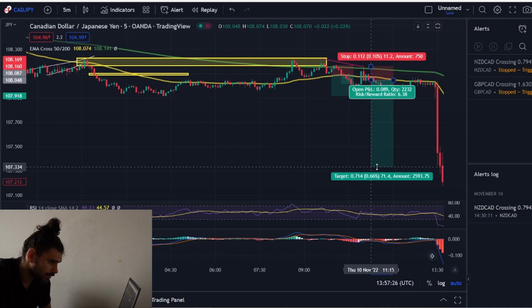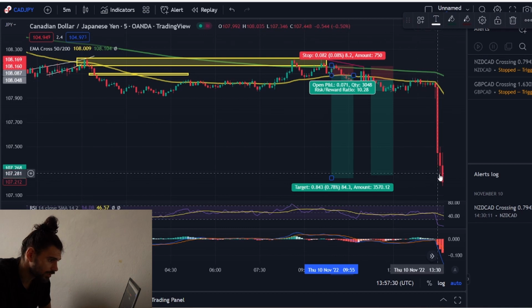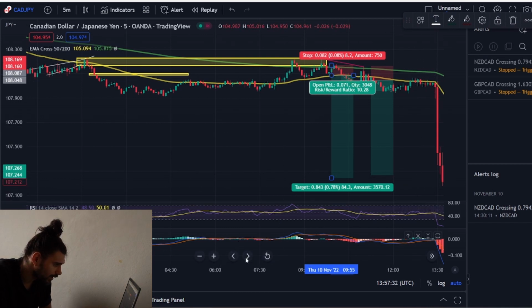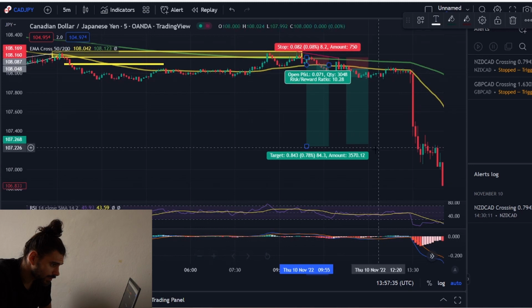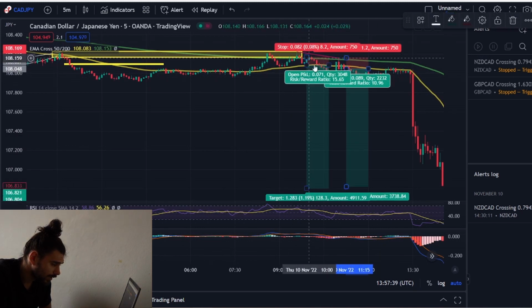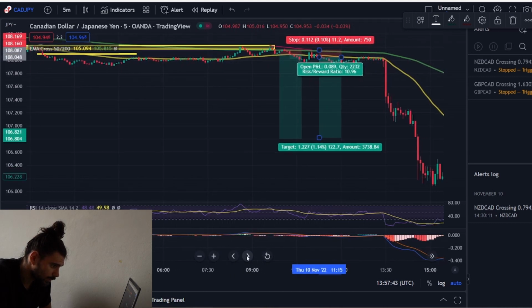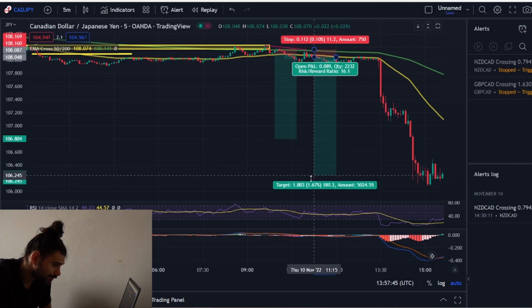Here is a structure break, probably some news in the market, but somewhere here I would take my profits, which in this case I got a little bit lucky, but still the setup wasn't too bad. Not the best one, but it still would have worked out in this case.